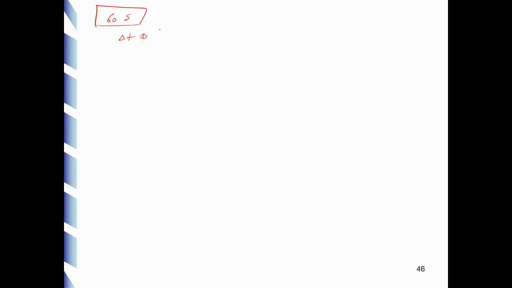Delta T could be 10 seconds. So how many iterations? 6 iterations. After 6 iterations, you will get the 60 seconds.